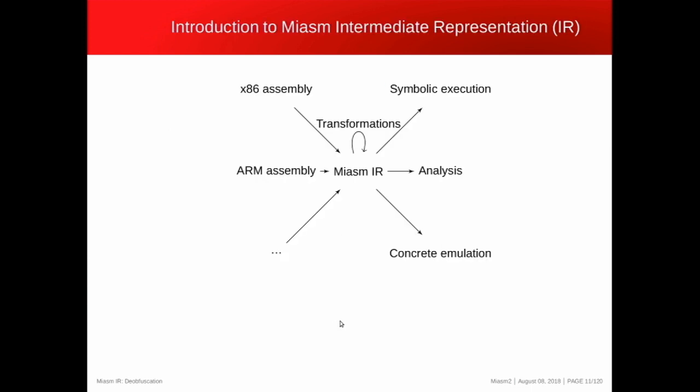But the really interesting thing in Miasm is its internal intermediate representation and language. This language can be extracted from a native assembly language. So we have a translator between native assembly and this intermediate representation. Once you have this core feature, you can do some manipulation on it.